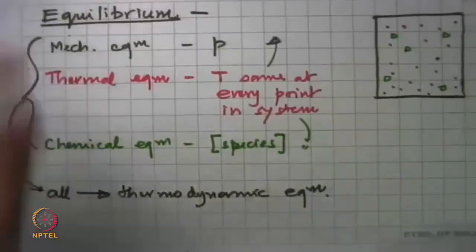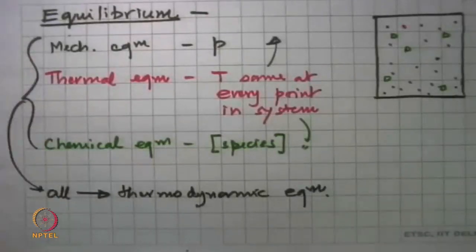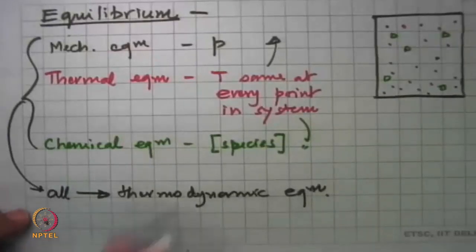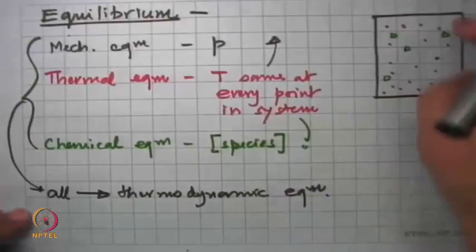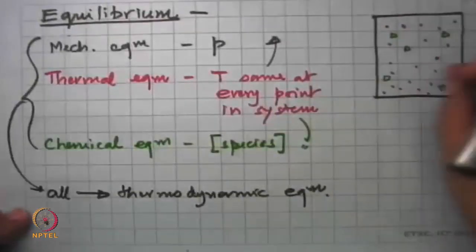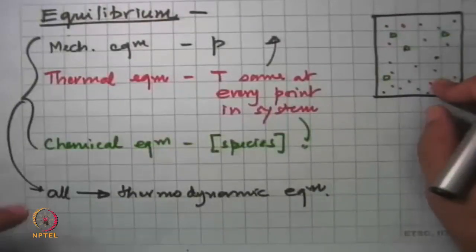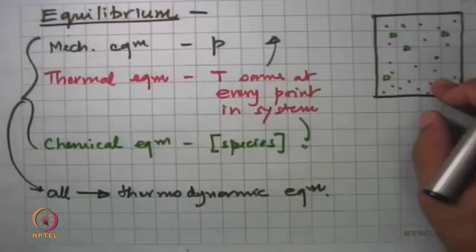So what are the characteristics of a system in thermodynamic equilibrium? We can say one, if the temperature, pressure and chemical composition at any point in the system is the same, then the system is in thermodynamic equilibrium.